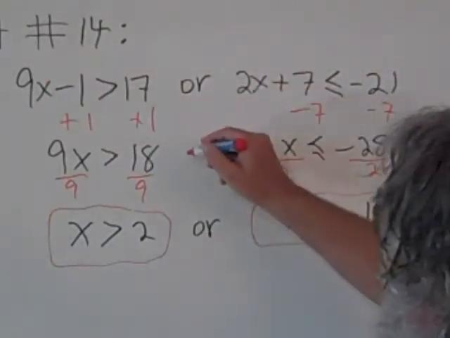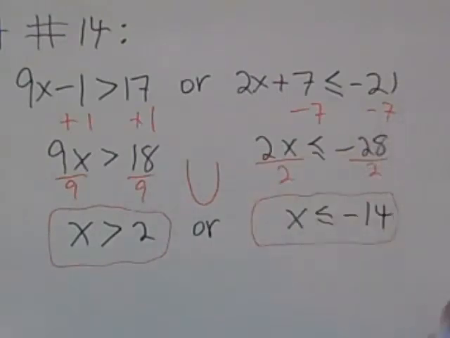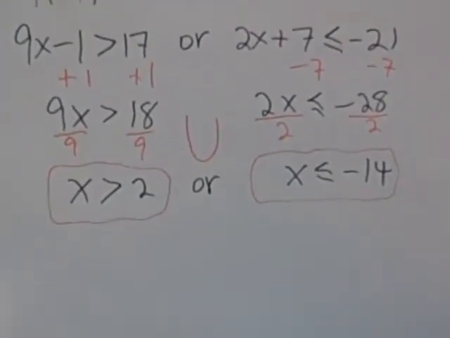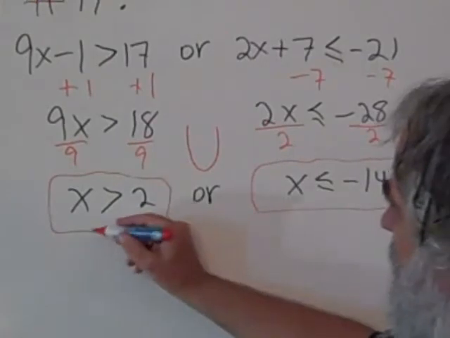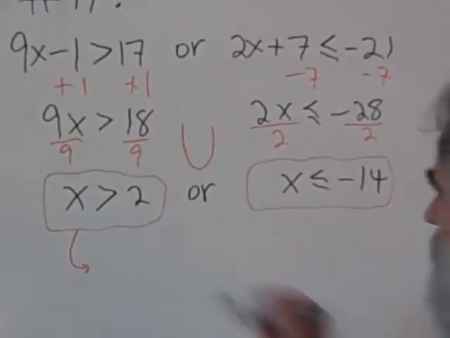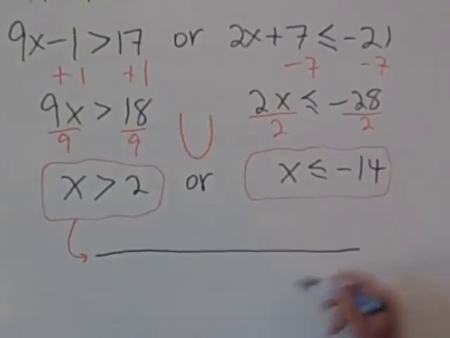Or, remember, refers to the union, which means we're looking for any solutions that are either in this solution set, or in this solution set, or in the overlap of the two solution sets. So we're going to graph this solution set, x is greater than 2, on one line.